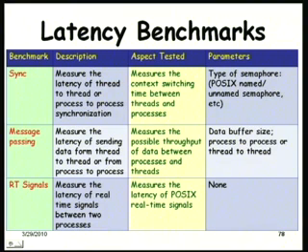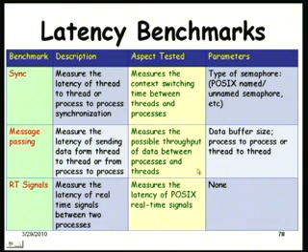We will also consider message passing, which measures the overhead of sending data from one thread to another or from one process to another, depending on the operating system, because some operating systems support only threads on a process, and then there are multiple processes, and also threads, I mean data from a thread of one process to a thread of another process.